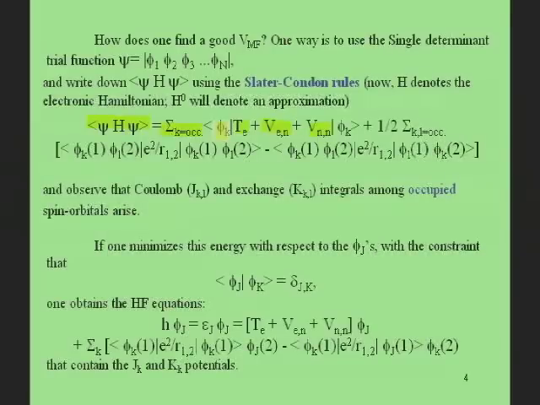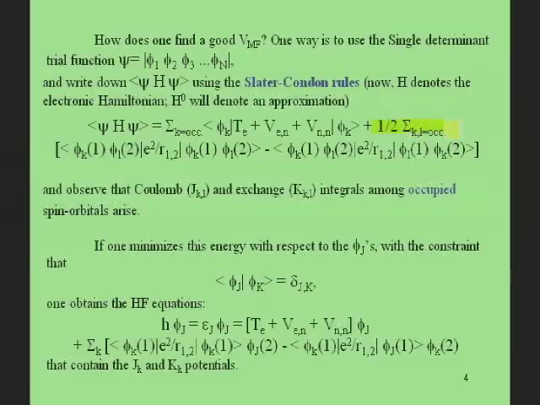So just the kinetic energy, nuclear attraction, and nuclear repulsion energies sandwiched between each spin orbital that's occupied in there. So that just says add up the contributions of your 1s alpha, 1s beta, 2s alpha, 2s beta, 2px alpha, 2py alpha, if you're a carbon atom, of the kinetic energies and nuclear attractions and so forth.